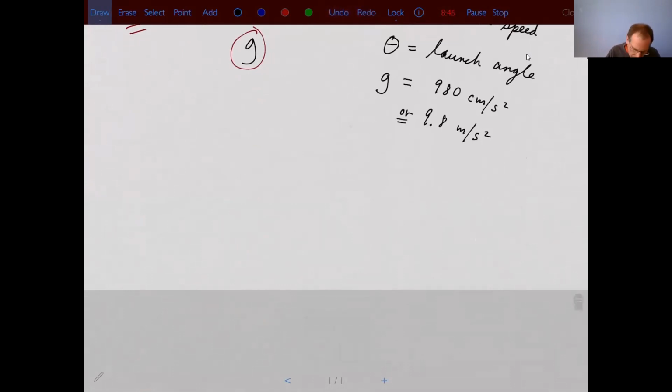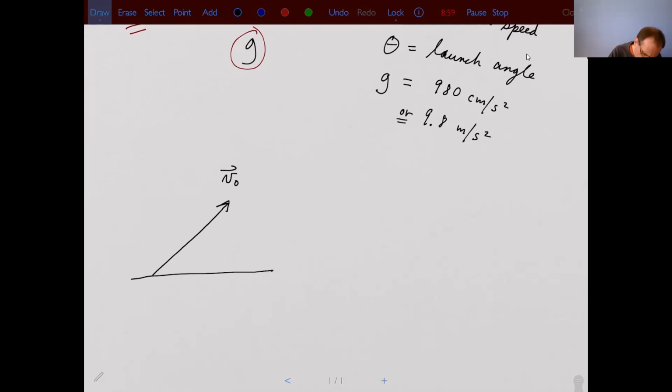So if this is my launch velocity, here's my x, y coordinate system, and I want to find v naught x and v naught y, and I know that this launch angle is theta, then you could extract this right triangle that contains the angle theta.